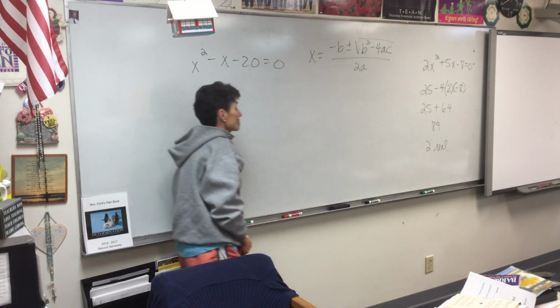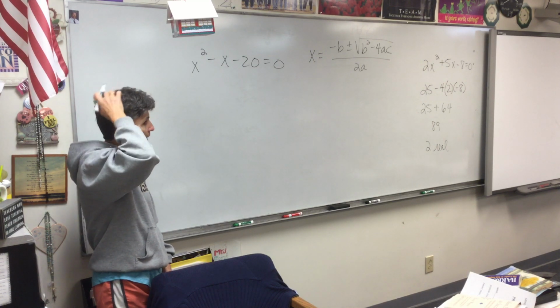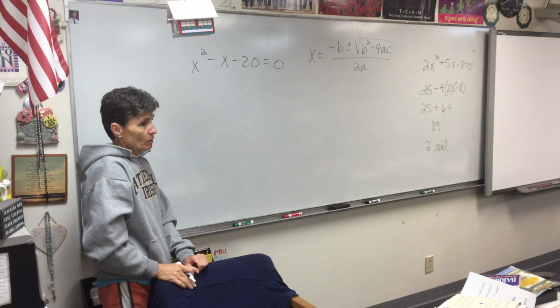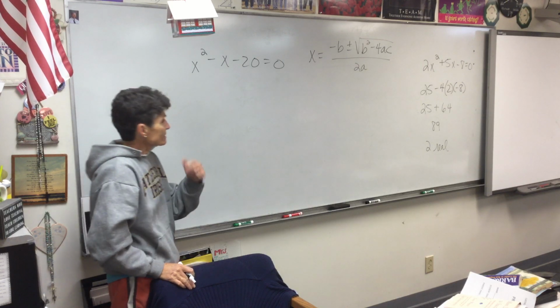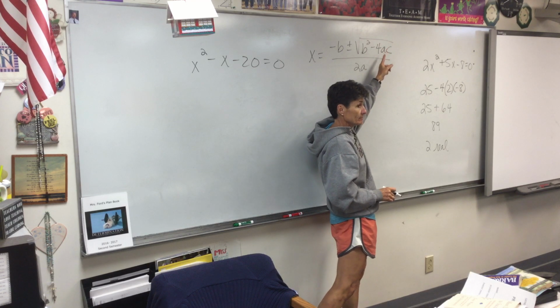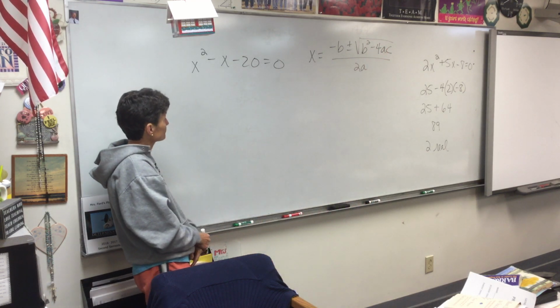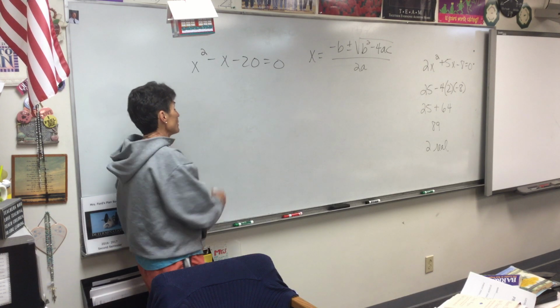Beautiful. There's your quadratic formula. If you don't already have that memorized, you need to get it memorized. Notice that that discriminant thing is right there, right under that radical.